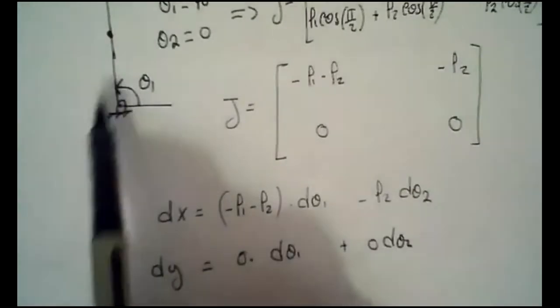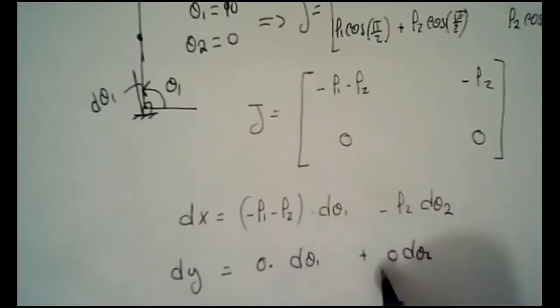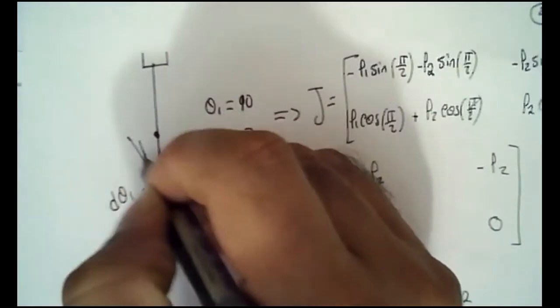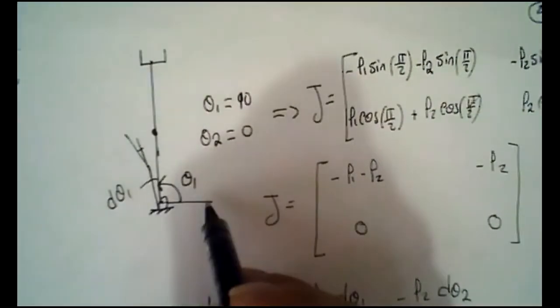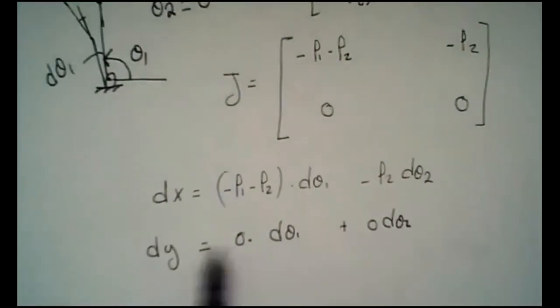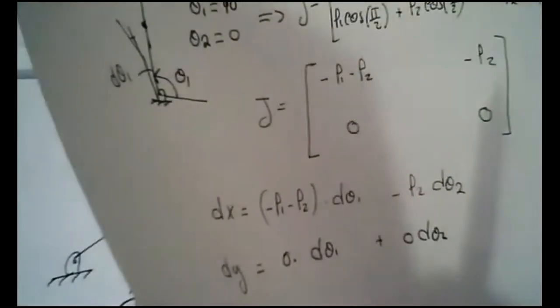Which makes sense. So if d theta 1 grows by a bit, right? So this is d theta 1, and then likewise d theta 2 grows by a bit, then this guy would be like this, right? Then we are definitely going in the opposite of the x direction, right? So this is my x and then this is my y. But what we're trying to say here is that we will have a singularity in the y direction.